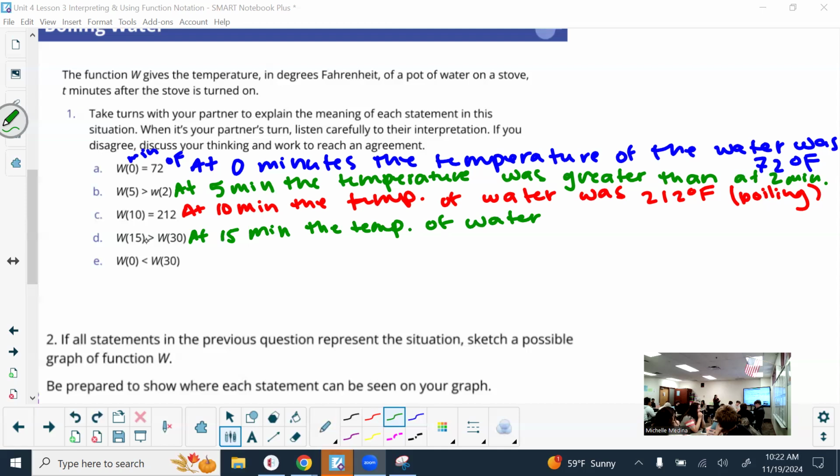Table 9, what symbol is this? Greater than, because remember the openings always face the bigger number, so if it's facing this, we're saying that at 15 minutes, the temperature of the water was greater than it was at 30 minutes. That's how we're interpreting that.